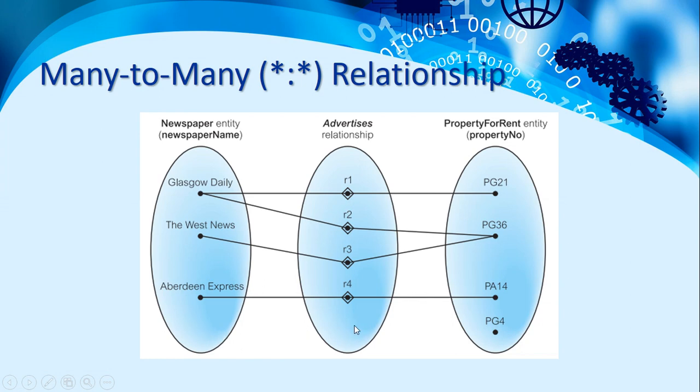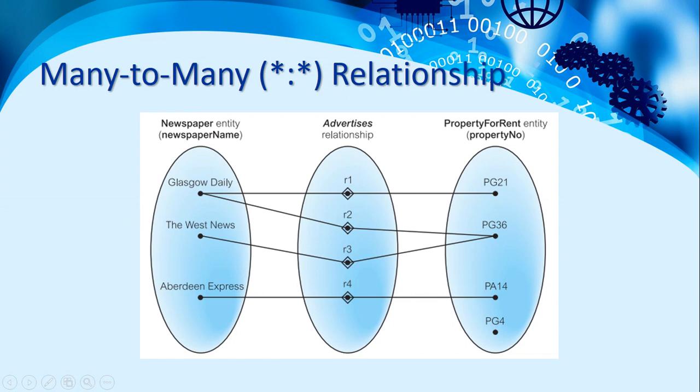Anyway, this figure displays 4 occurrences of the advertises relationship. Each relationship represents the association between a single newspaper entity occurrence and a single property for rent entity occurrence.